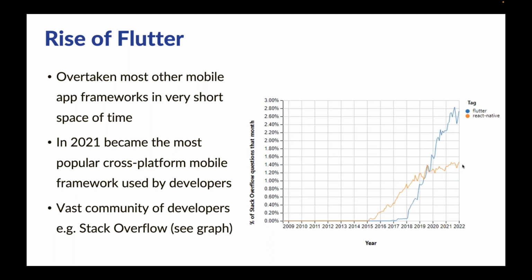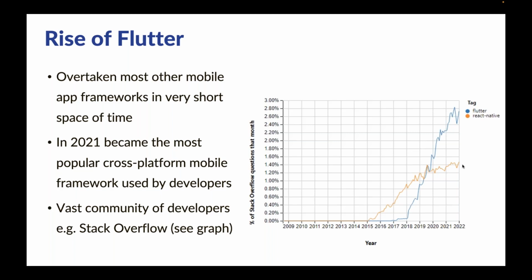Flutter, on the other hand, you can see launched in 2018, and it rapidly expanded to being almost 3% of all questions on Stack Overflow. So that's a huge number of developers talking about Flutter. It's difficult to gauge this kind of thing; we're literally looking at chatter stats, and it's really hard to say that's proof that Flutter is better than anything else.